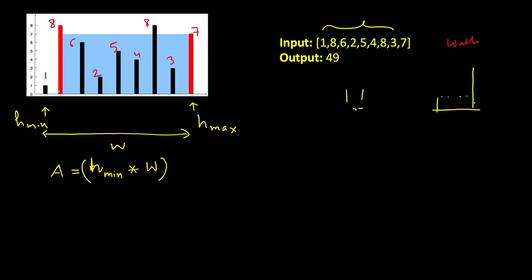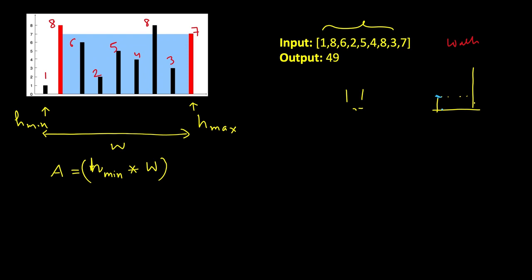There is no point in keeping this minimum fixed and moving this, looking for a bar higher than this maximum, because the height of water is governed by the minimum wall. So unless you increase it, you cannot gain by decreasing the width. If you decrease the width but you don't increase this minimum, you will get a smaller area.